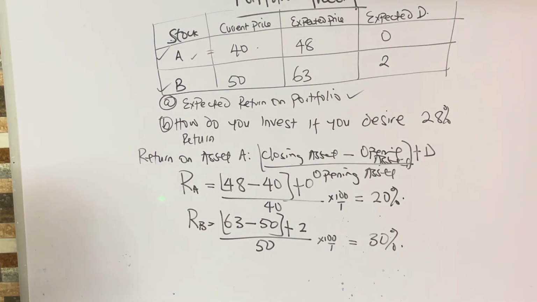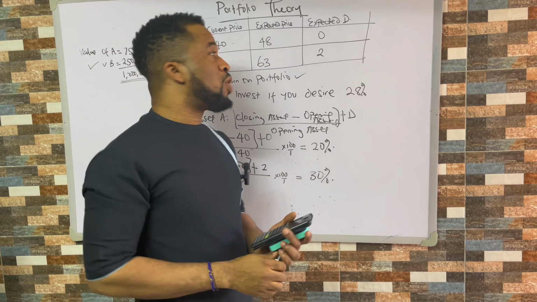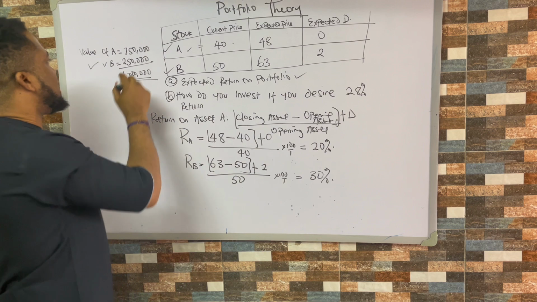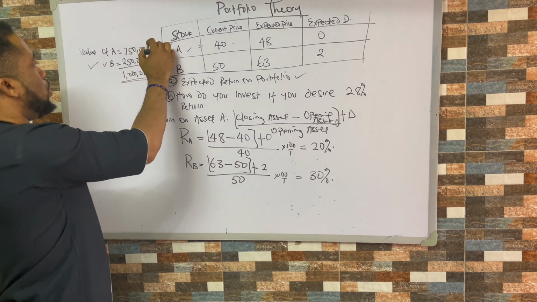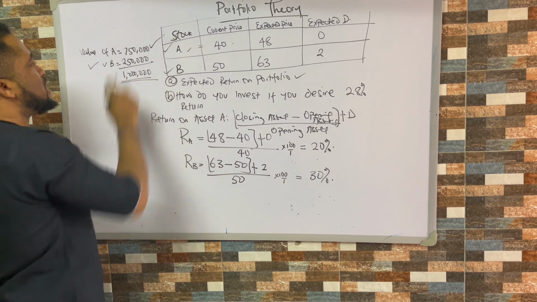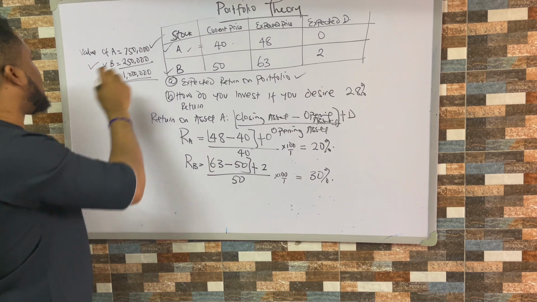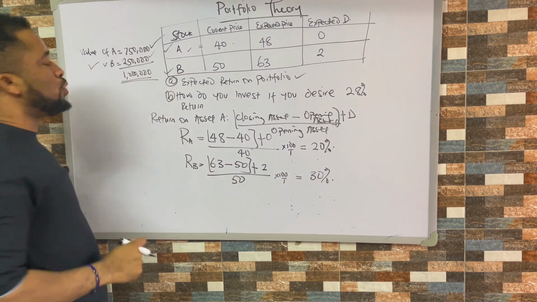The next thing I need to get is what I call my portfolio weight. From the question, we're told that asset A investment will be 750,000 and asset B will be a total of 250,000.